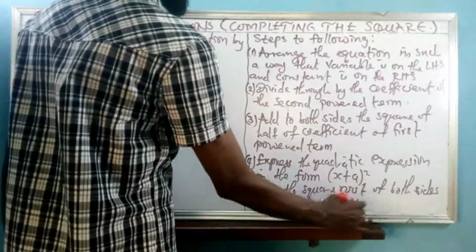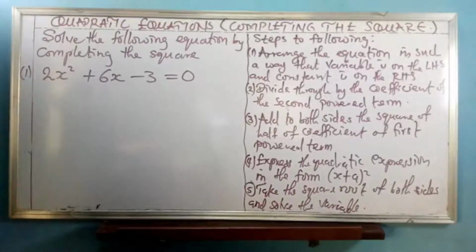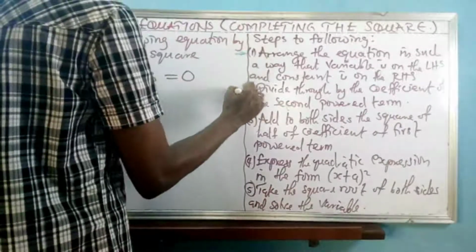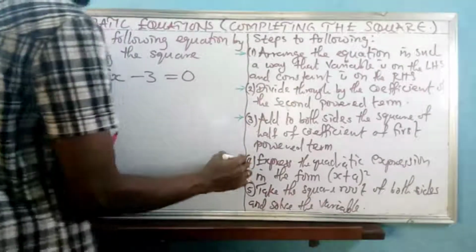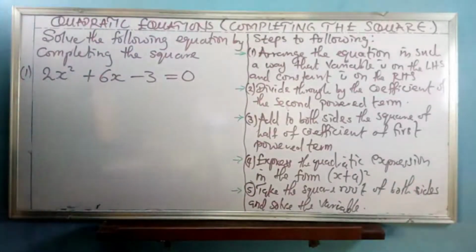So these are the 5 steps that you're going to follow while you want to use the completing the square method. I will soon clean it. Please, if you want to jot it down, you jot it quickly, and let's move on.